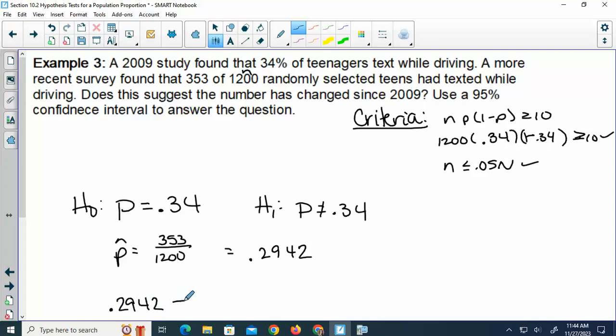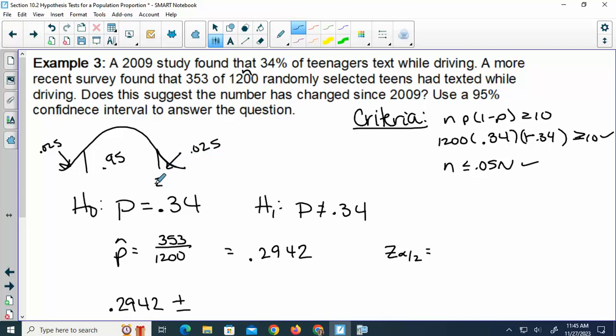So it's P hat plus or minus Z alpha over 2. We're talking about a 95% confidence interval. So that's saying 95% fall in the middle. So that leaves 5% for the ends. So each end is 0.025. So for the Z alpha notation, we have to find the Z value such that 0.025 would be to the right.